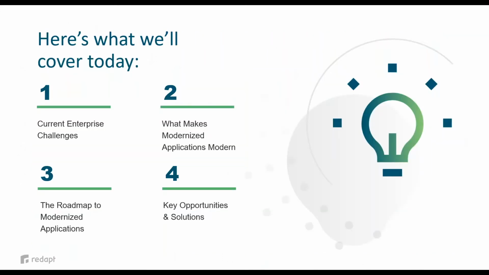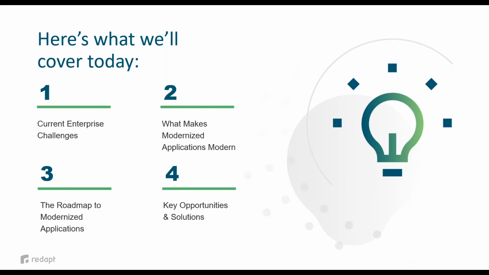Moving into what we are looking to cover today, there are four major things I wanted to cover. Just taking a step back: what are some of the current enterprise challenges customers are facing, and what we see as a systems integrator on a day-to-day basis? Whenever we talk to a customer, the first thing we usually explain is what makes an application modern.